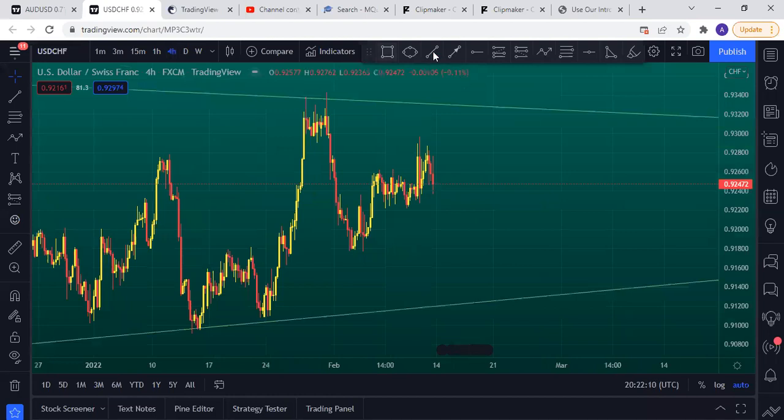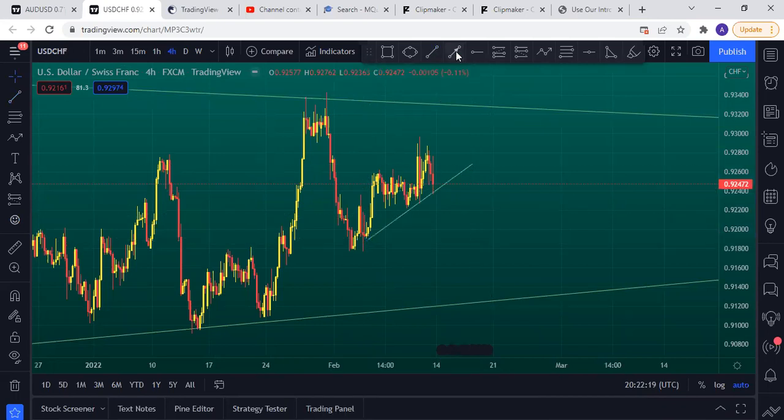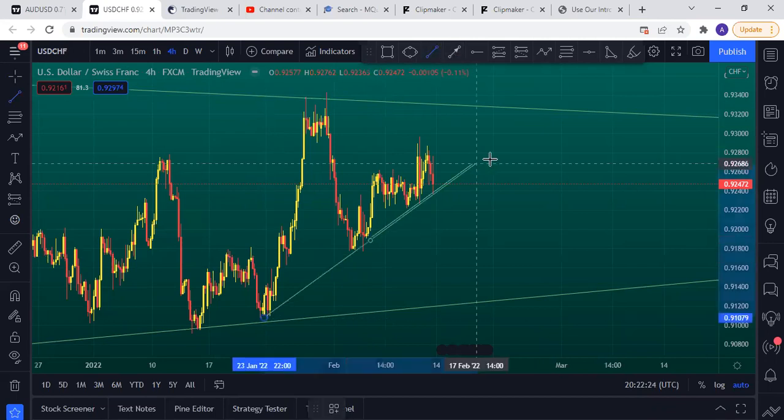We have a bullish bias on USD, so that might influence our decisions a little bit.